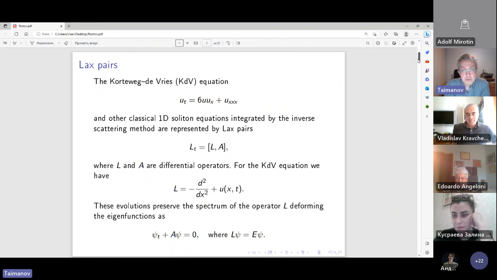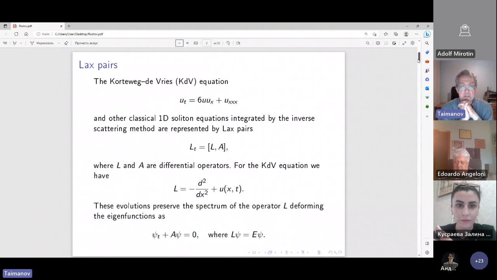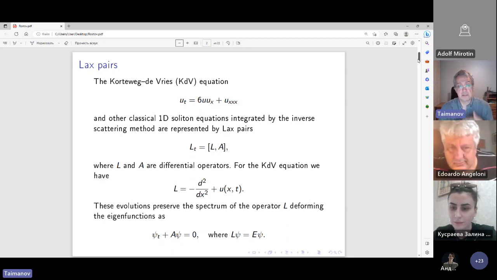So the Korteweg-de Vries equation was integrated by the inverse scattering method in 1967. And one year after that, Peter Lax, in his seminal paper, explained some part of its integrability by introducing so-called Lax pairs.